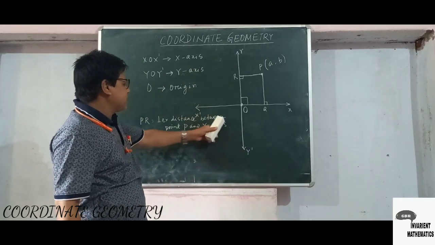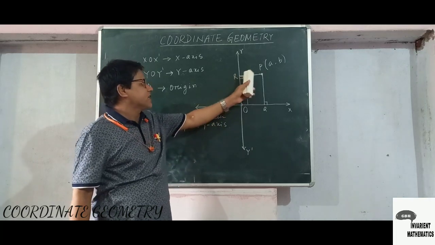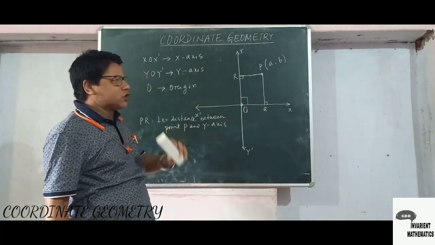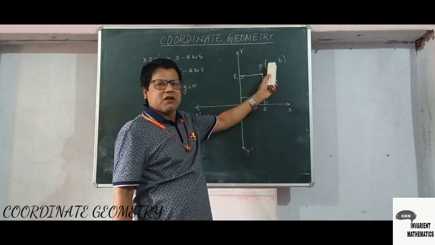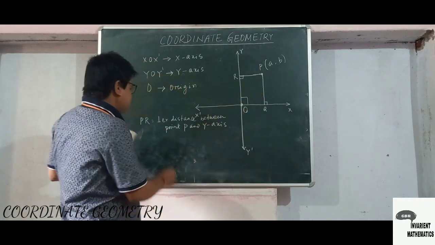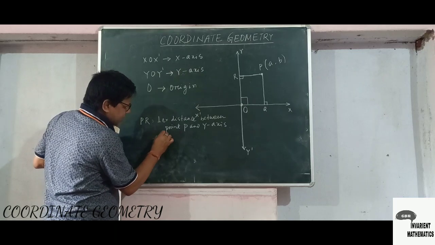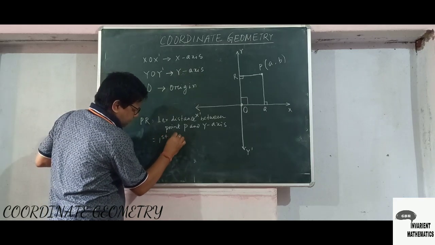That perpendicular distance between point P and the y-axis, PR, is known as the first number of the ordered pair, or the first element of the ordered pair.